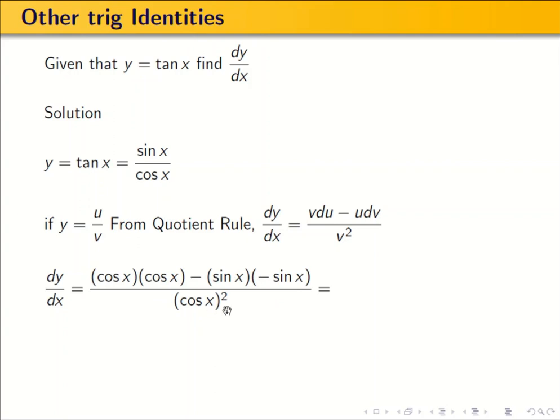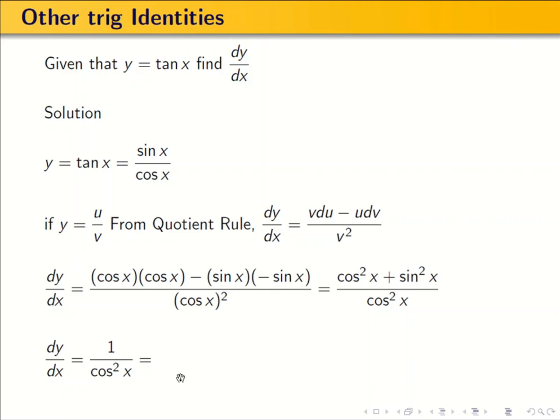When I simplify the top here, I get cos squared x plus sine squared x, because the minus multiplies minus and I get plus. Now from our basic trig identity, you know that sine squared x plus cos squared x is 1. It becomes 1 over cos squared x.